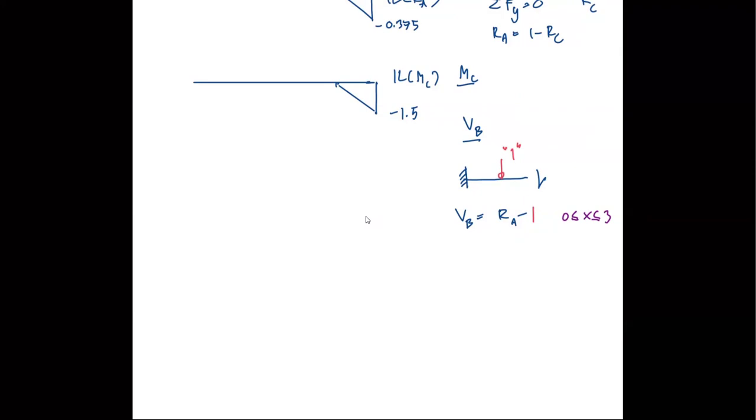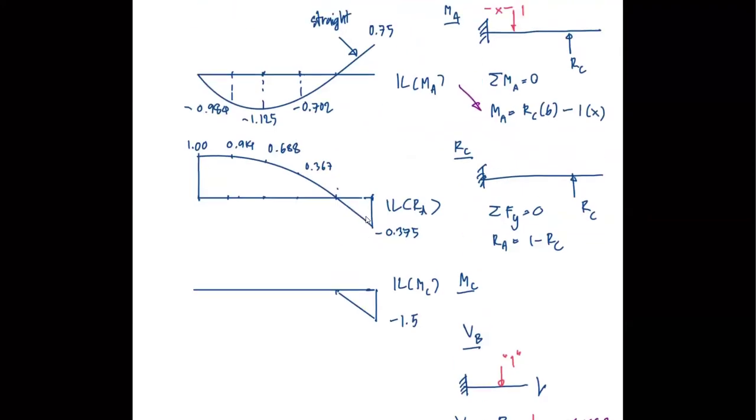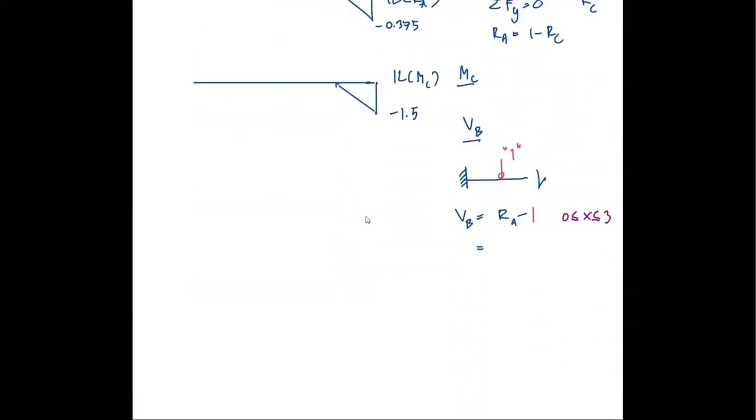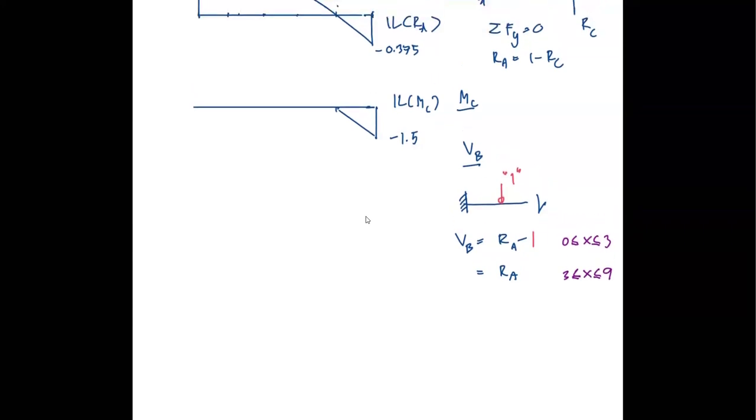And our VB is going to be equal to just RA when the unit load leaves the free body diagram, which is when X becomes greater than 3. And as a result, we will have the influence line that looks like this.